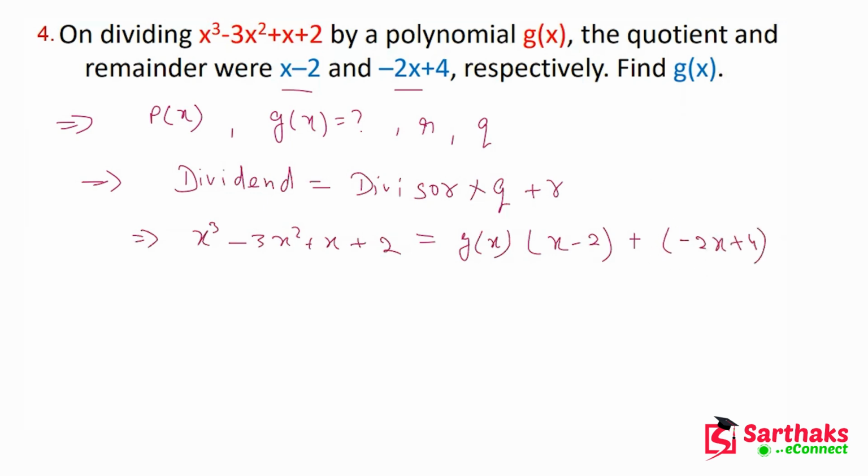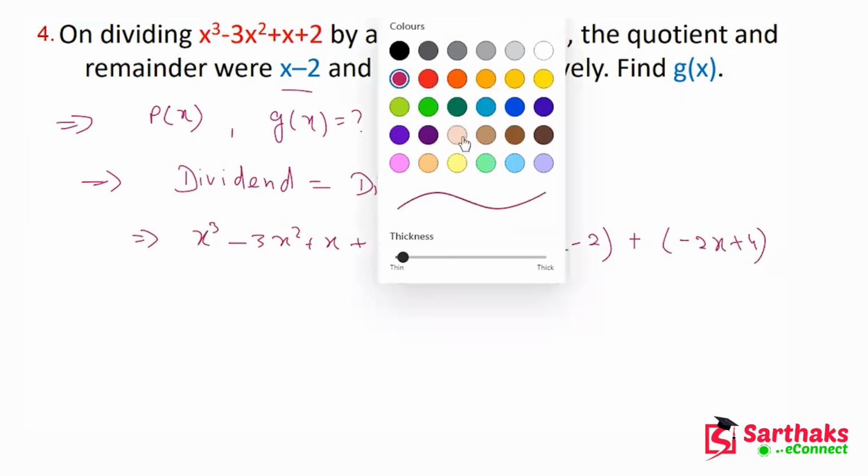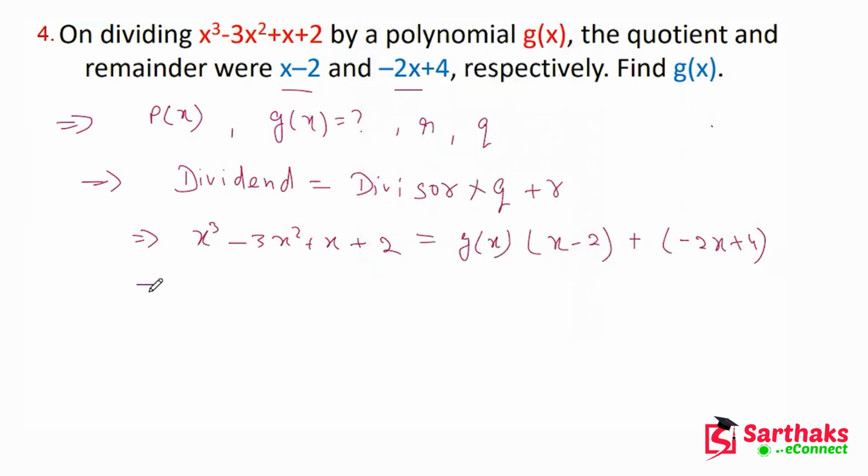So now we have to shift the remainder to the LHS. Okay, so now we have g of x into x minus 2 is equal to x cube minus 3x square plus x, and the remainder minus 2x when shifted to the LHS becomes plus 2x, so plus 3x, and plus 2 minus 4 becomes minus 2.